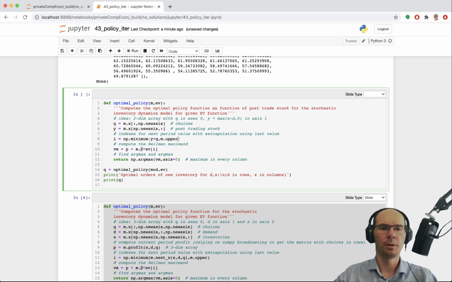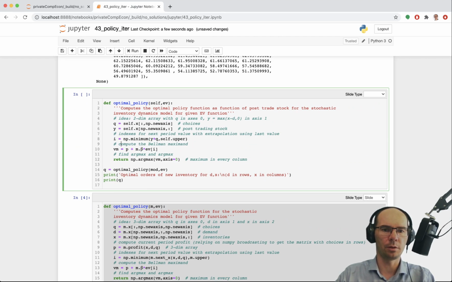Same as before. And so now we can index EV with this I. EV is the input into this function. And by the way, let's right away replace m with self, thinking of how this will be embedded into the class.